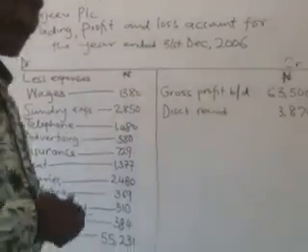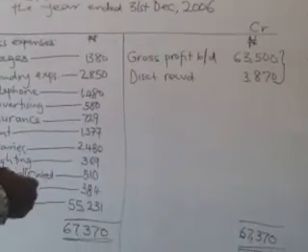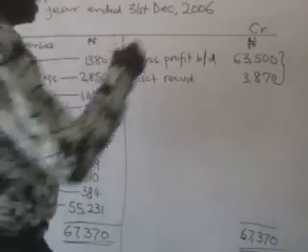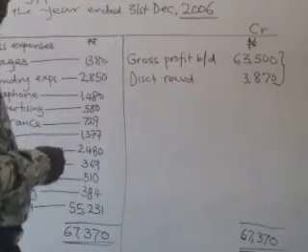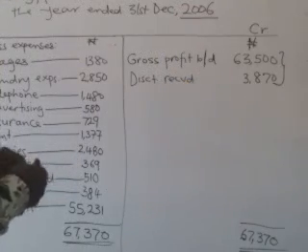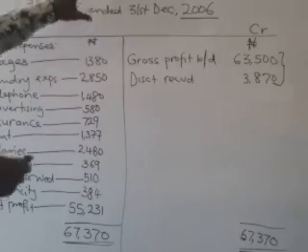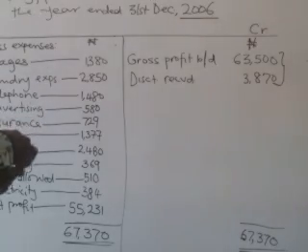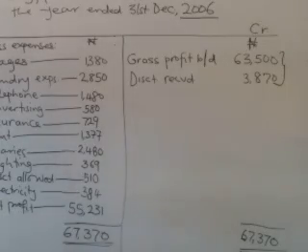That will give you the net profit. Mind you, the net profit here is for Acct PLC for the year 2006. From what we have done here, we have just prepared the P&L account, where we derive the net profit.